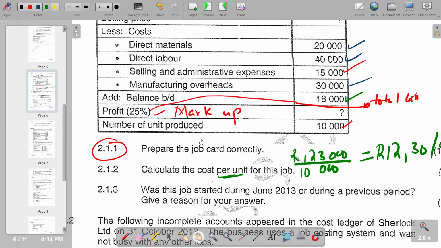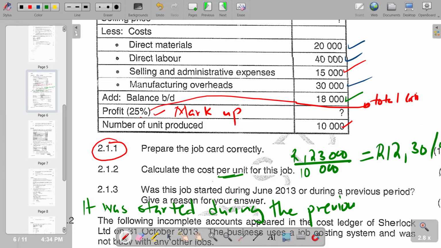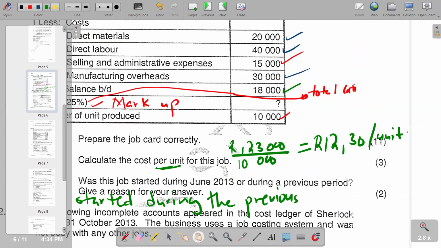So in explaining, we are going to say it was started during the previous period. And the why part we can put in the next sentence, whereby we are saying there is a balance brought forward from the previous period.